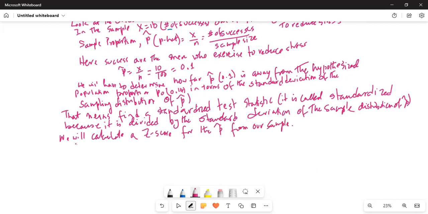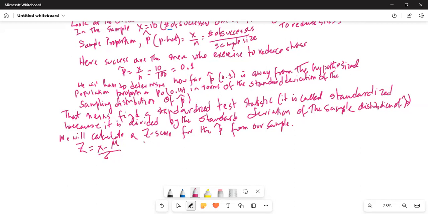If you remember, z is given by x minus mu divided by standard deviation.